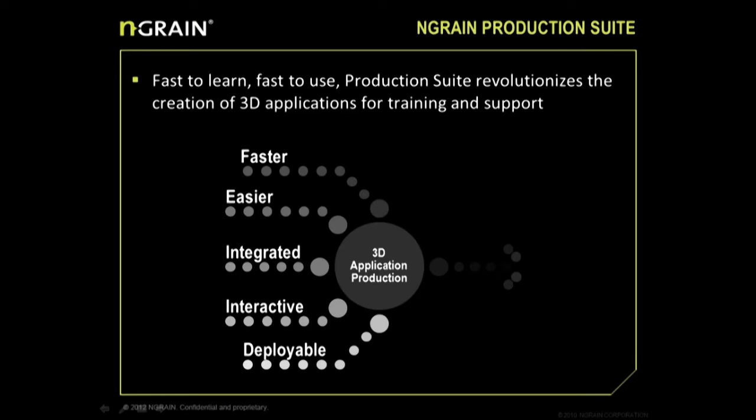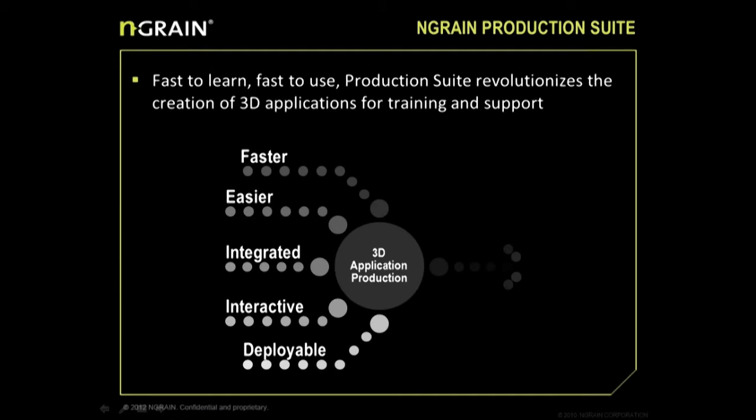I wanted to just quickly go over how it is and why we have this technology and why you should too. The thing about NGRAIN Producer and Production Suite, as Josie said, my career in media development has spanned almost 2 decades, and I was really intrigued by what NGRAIN does. It's really true. What we do makes 3D development, especially for training and support, faster and easier.